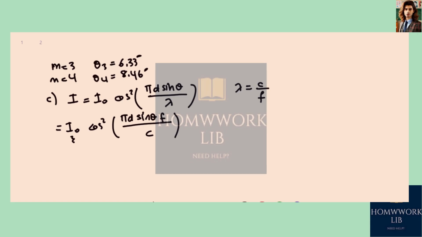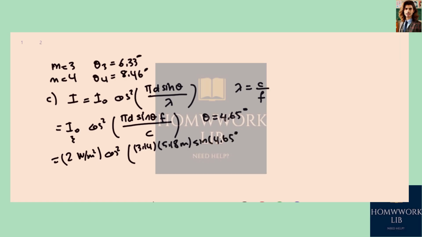We know pi d, and the angle is also given to us as 4.65 degrees. So by plugging everything into this equation, cosine square 3.14, 5.18 meters, sine of 4.65 degrees, and frequency was 1575.42 times 10 to the power 6, divided by 3 times 10 to the power 8.